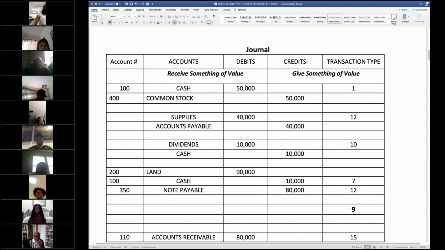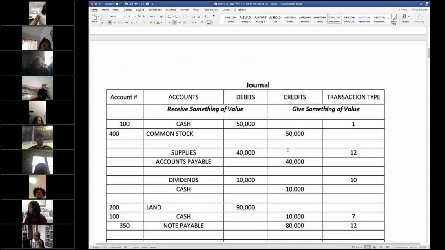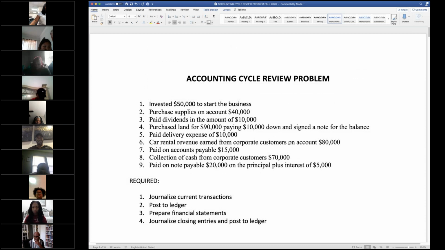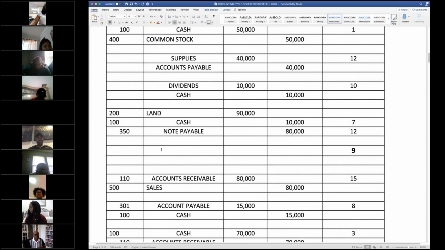There's 50. Then here's a credit of 10 for dividends. Do you have this journal entry for number 3? Credit cash. Yeah, I have credit. Then here's another $10,000 credit to cash. And finally, paid delivery expense 10,000.